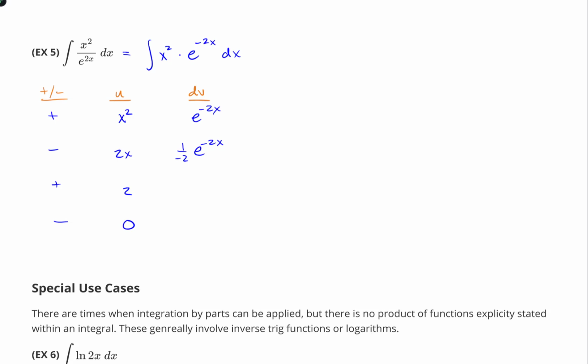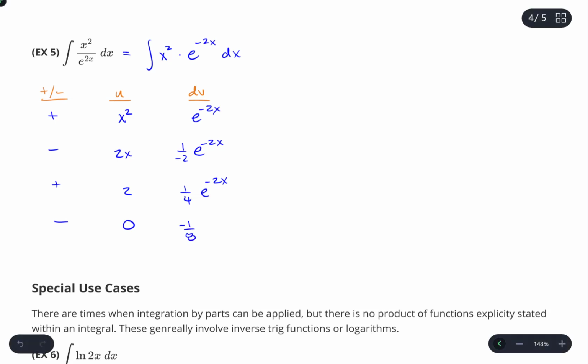So that the next one in the list would be positive 1/4 e to the negative 2x, and then negative 1/8 e to the negative 2x. So that our integral, of course we skip over this one, we don't use it, we don't use these. We go from here down this way and so forth to get these remaining terms.